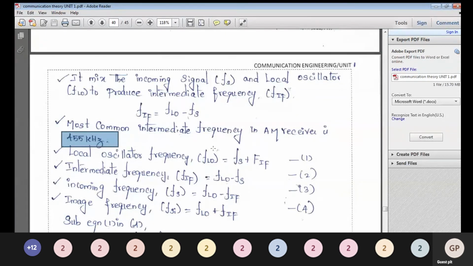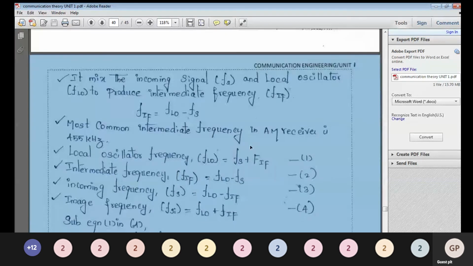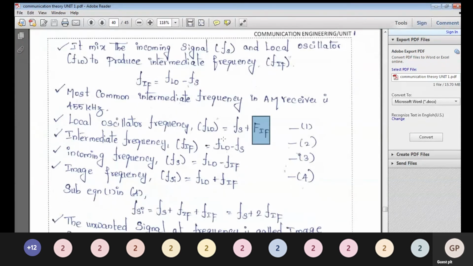So from this equation, the intermediate frequency FIF is equal to FLO, the local oscillator, minus Fs, the signal. So from this the local oscillator frequency is equal to the incoming signal Fs plus the intermediate frequency FIF. This is our local oscillator signal. So the intermediate frequency is equal to the local oscillator minus the incoming signal frequency.